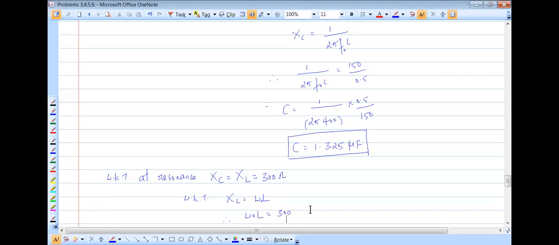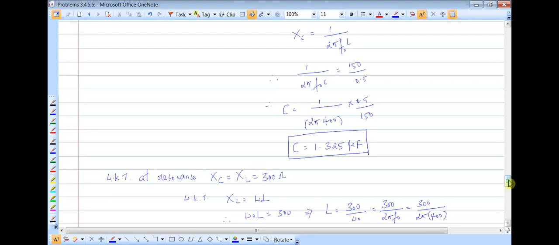So this further implies that our L is 300 by omega naught, which is 300 by 2 pi f naught. Further, you can substitute that f naught, which is 400 hertz, and you can find out L.